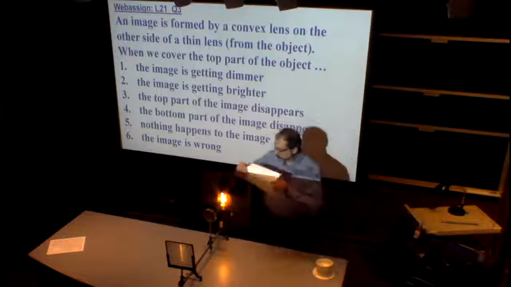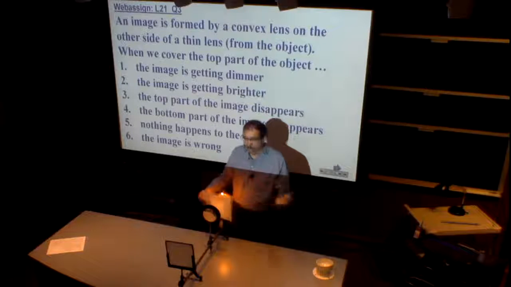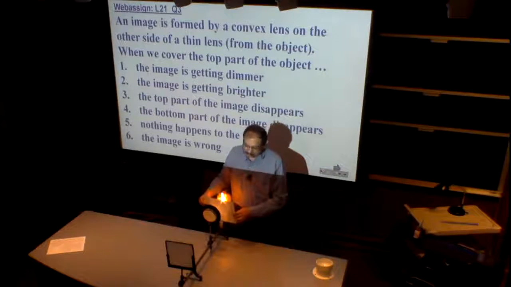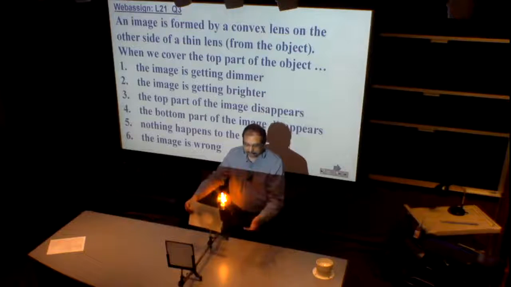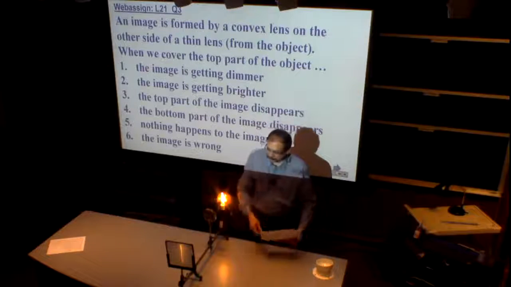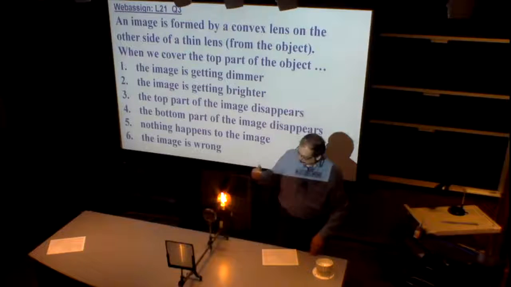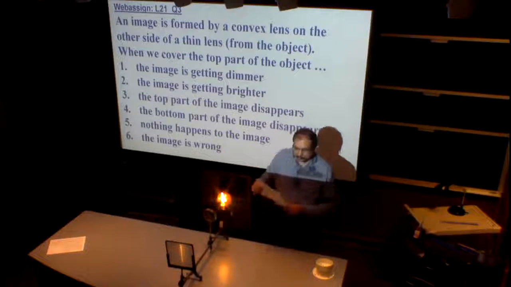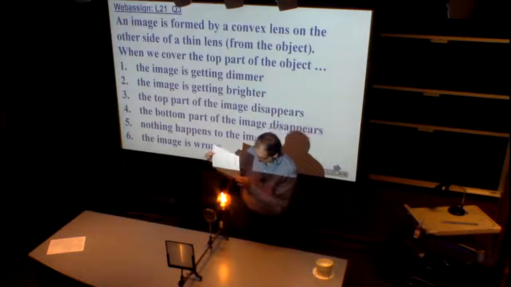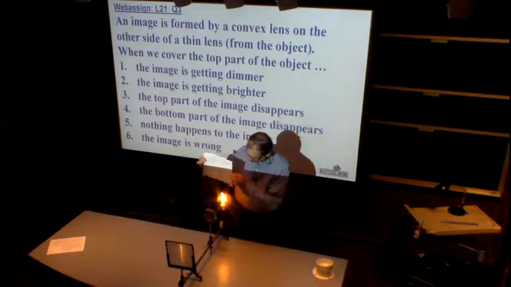I can just cover the whole thing. No light travels through the lens. Well, I can cover the lens. But the question, what's going to happen if I start moving this page slowly down and the top part is being covered? What should happen?